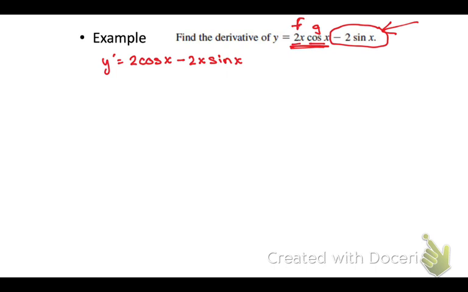So what's the derivative of negative 2 sine? What's the derivative of sine? Negative 2 cosine. And then they go away. They zero out. So y prime equals negative 2x sine of x.